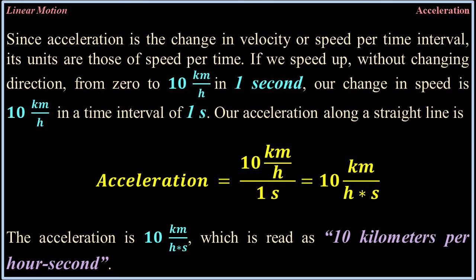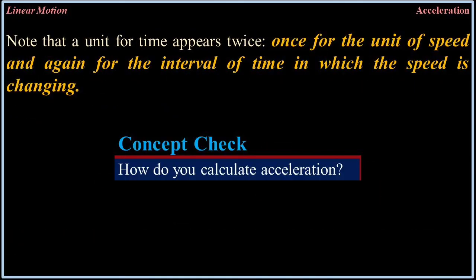Our acceleration along a straight line is acceleration equals 10 kilometers per hour divided by 1 second, which equals 10 kilometers per hour per second, read as 10 kilometers per hour-second. Note that a unit of time appears twice, once for the unit of speed and again for the interval of time in which the speed is changing.